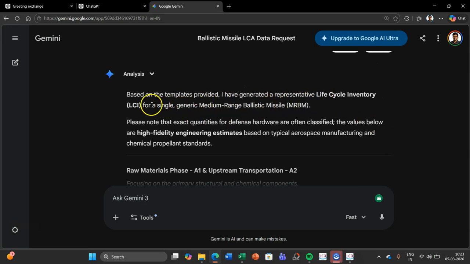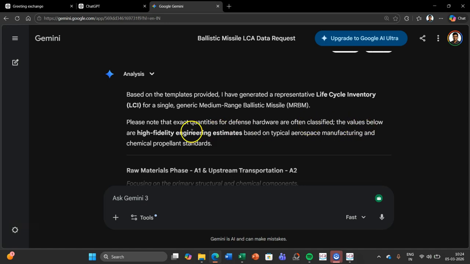This is a representative life cycle inventory for a single generic medium range ballistic missile. So we are not so specific about the missile, but still it's a very generic medium range ballistic missile of one number. Please note that exact quantities for defense hardware are often classified.